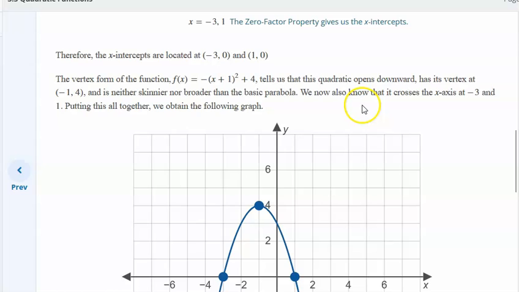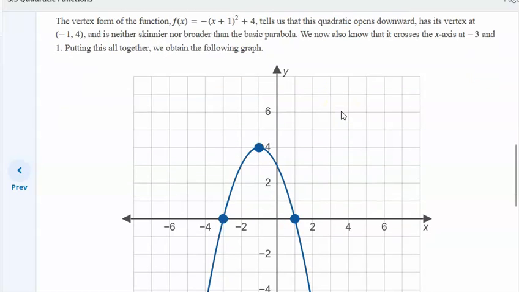Now, sometimes they'll ask you to find other values, but here they're actually showing us the graph. And notice there's our vertex, which is a maximum, and the value of this was -1, 4. And then there's one of our zeros, -3, 0.